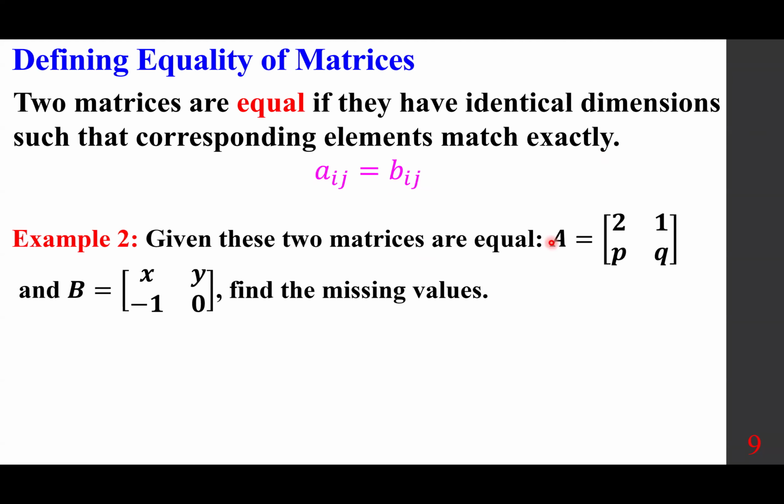Given these two matrices, A is 2, 1, P, Q, and B is X, Y minus 1, 0, find the missing values. Well, the two are equal, so corresponding elements must be identical.